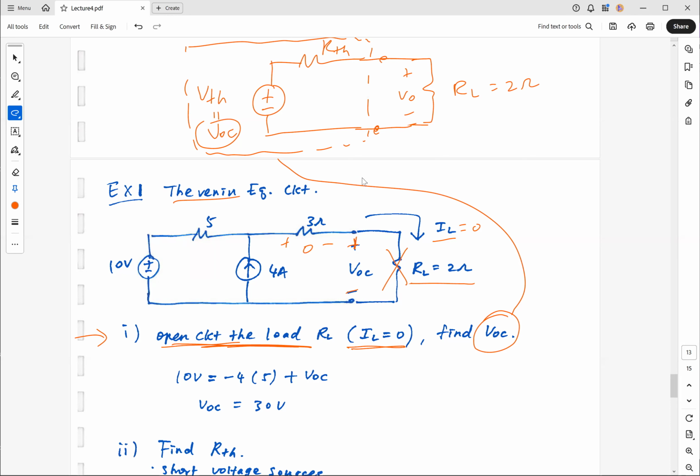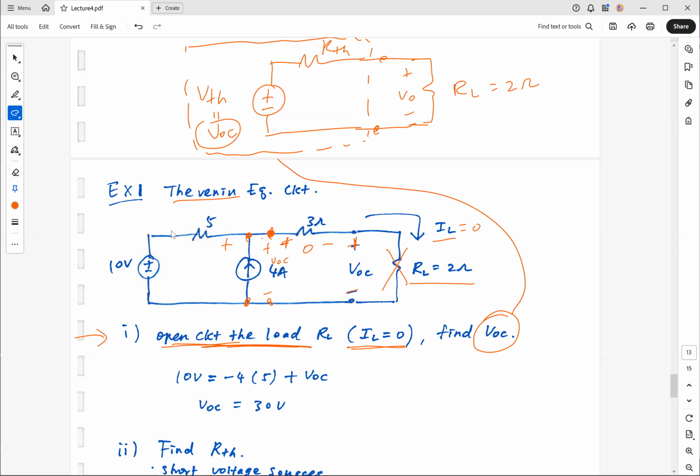My VOC before was here, so now I can move this VOC over to here. In other words, VOC is actually the voltage drop across this current source.